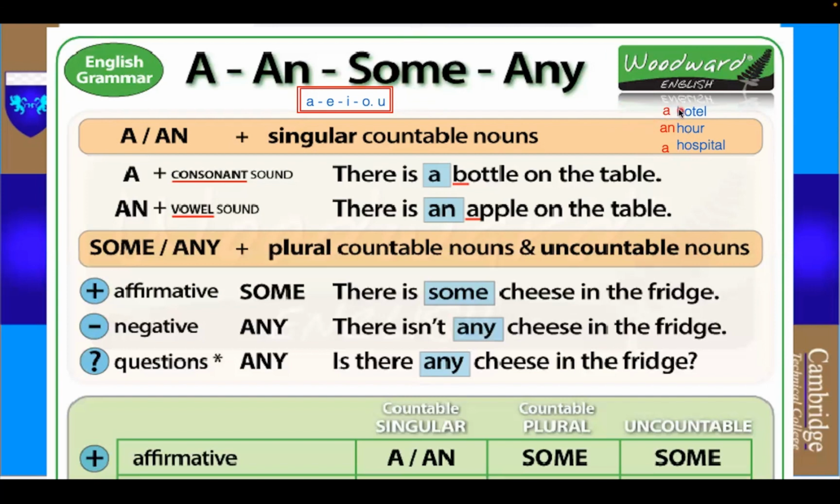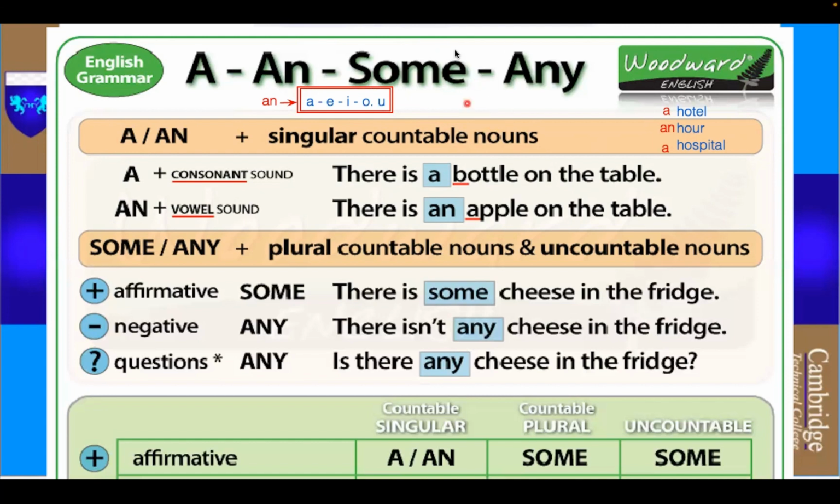In hotel, the H is pronounced, so we say a hotel. Last one, a hospital, the H is pronounced. But in this one we don't pronounce it. What do we pronounce? We pronounce the O. So an hour. We pronounce the O, and the O is a vowel sound, so we use an. Is that clear? Yes. Any questions?